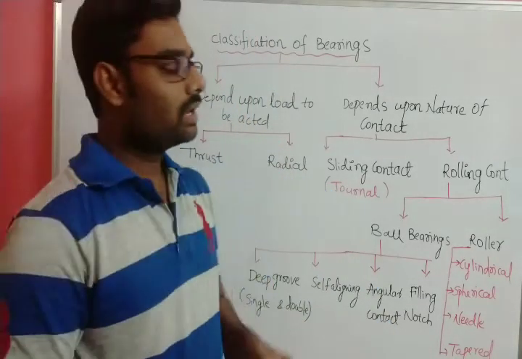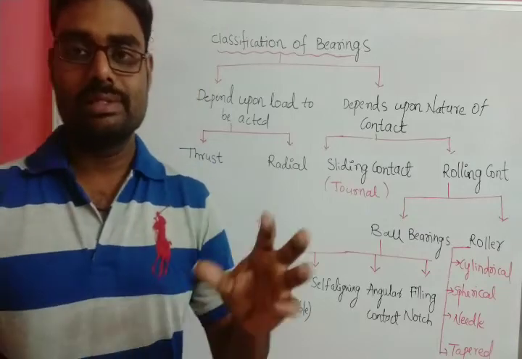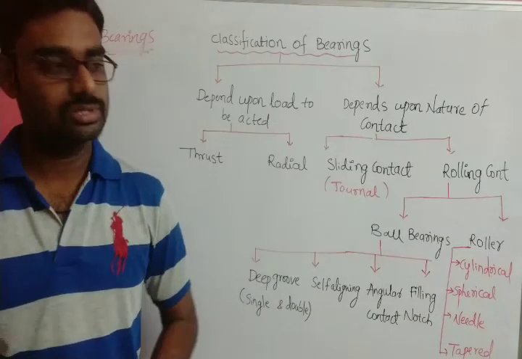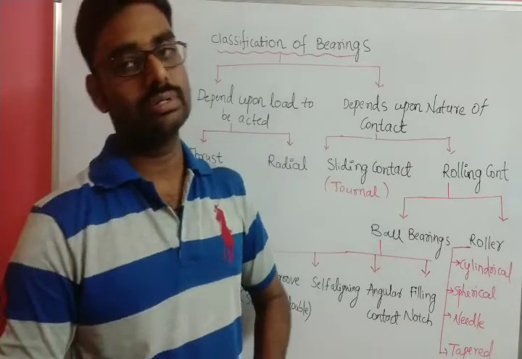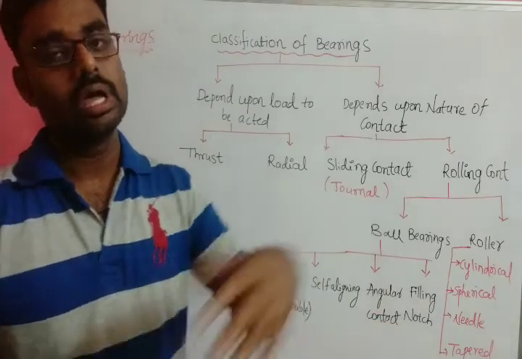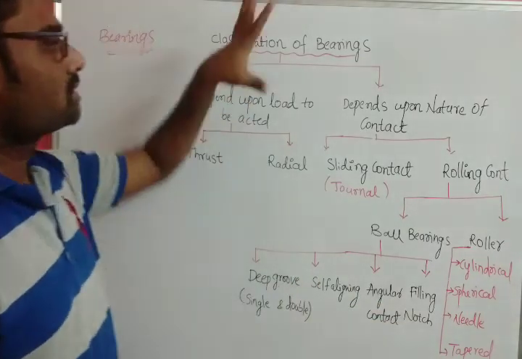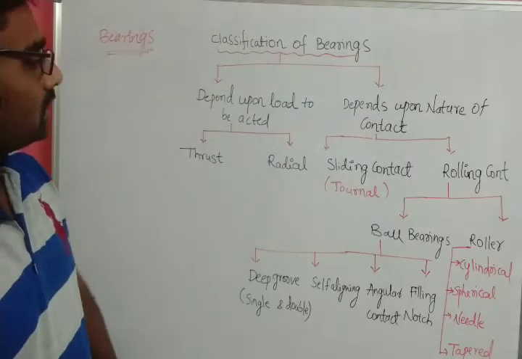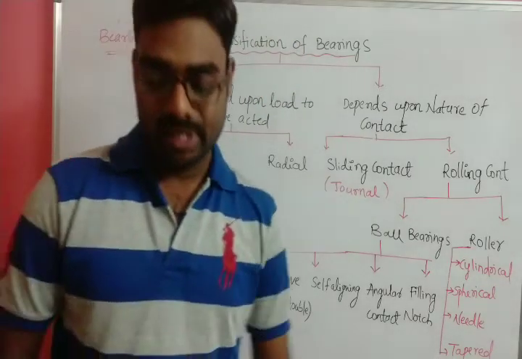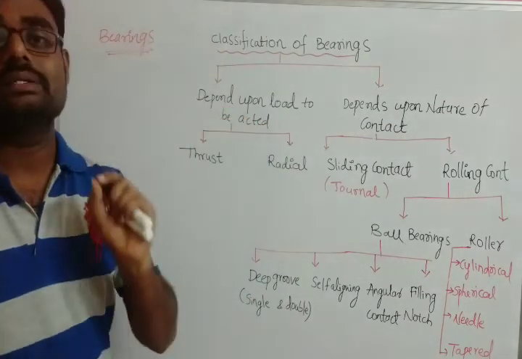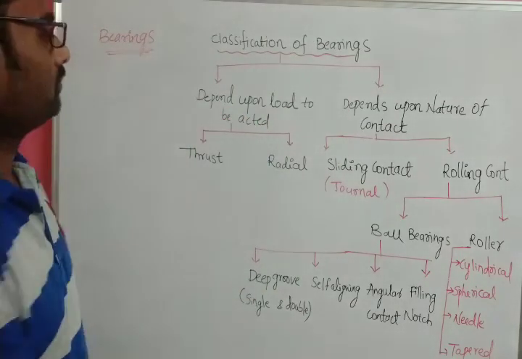Whenever the shaft is rotated inside the bearing, some power is lost due to frictional resistance, wear occurs, and some heat is generated. How do we overcome these conditions? By applying lubricants. So this is the classification of bearings, and in this video I will explain about sliding contact bearings.